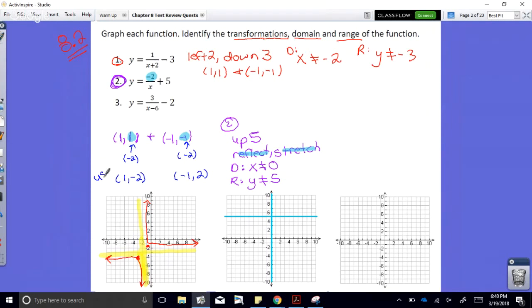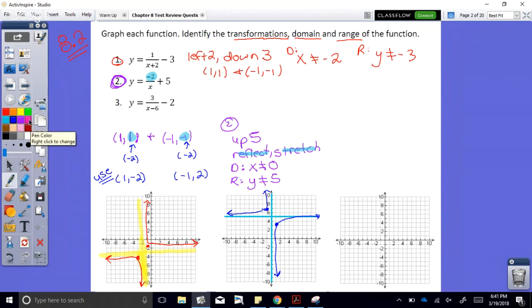And these are the points that we're going to use, but again, we're going to use them centered around my new x and y axis. So I'm going to come right 1, down 2, put a dot, and then I can use my asymptotes to kind of guide where I go from there. And the other point is -1, up 2. And again, I'm going to use my asymptote. So this time we had a stretch, a reflection, it went up and did not go left or right.